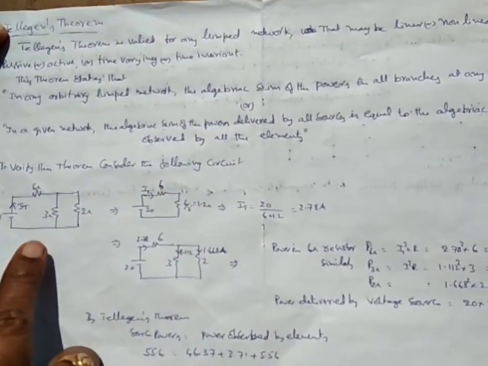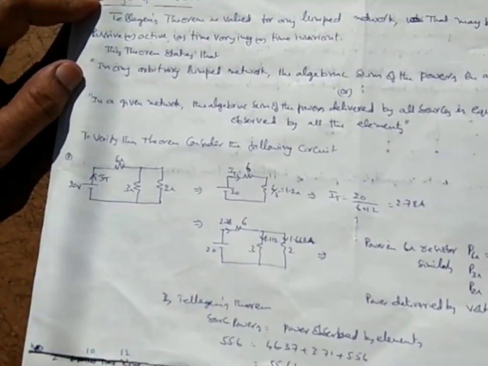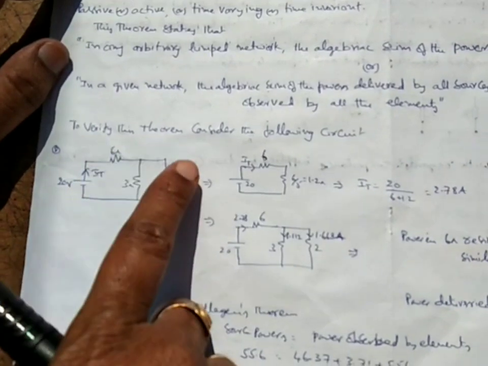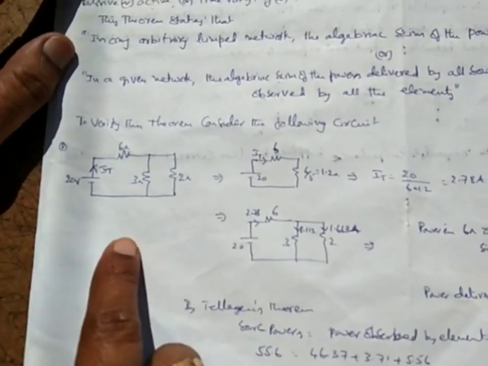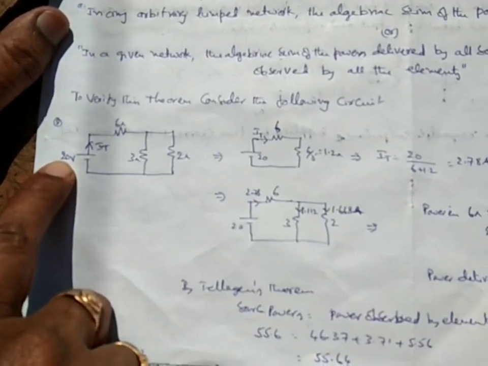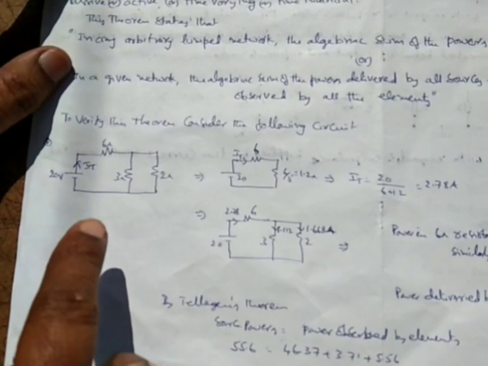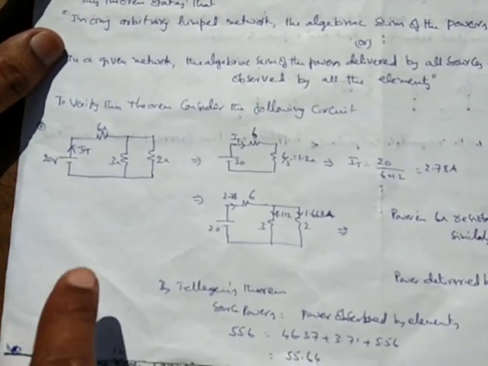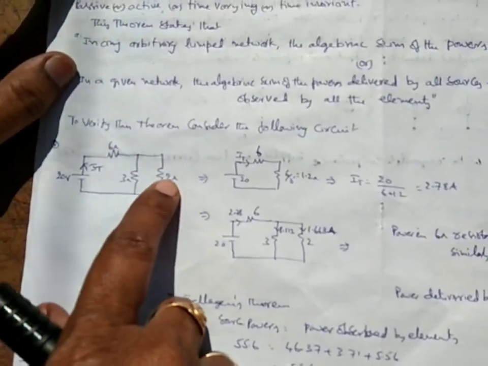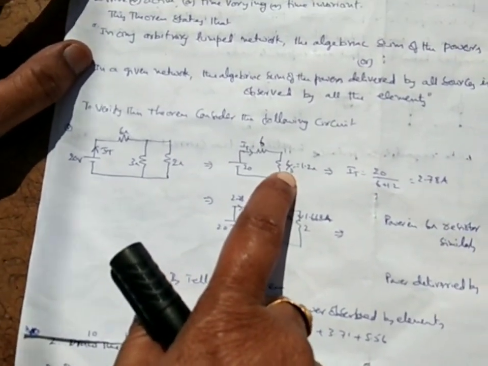To verify this theorem, consider a small circuit as shown here. We have taken a circuit consisting of 3 resistors and a voltage source of 20 volts. As we need to find out the currents, we first of all try to find out the currents. For that, these two parallel resistors are combined, and that is equal to 6/5 ohms.